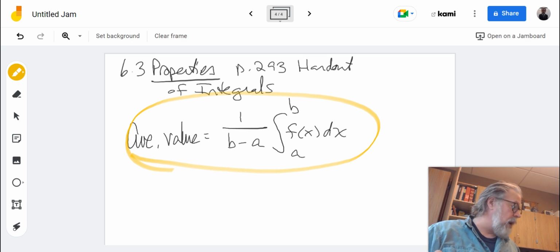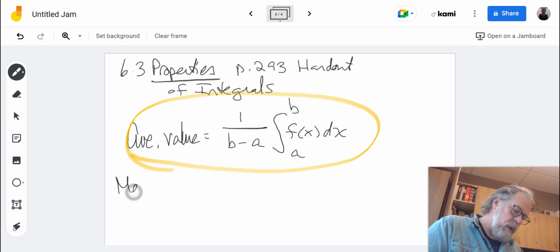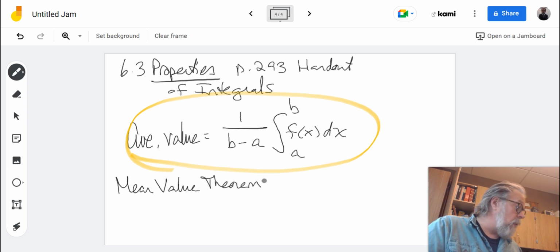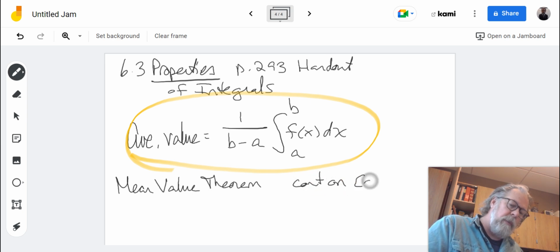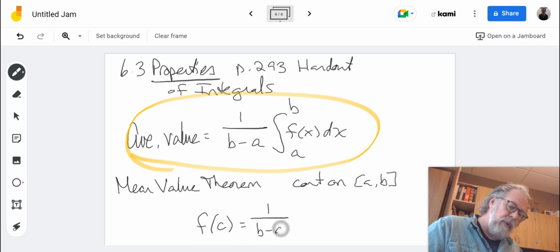That is an important equation to know. Mean value theorem for definite integrals. So we have a continuous function on some closed interval. Then there has to be some c such that the value of the function at c is equal to the average value of the function on the interval.